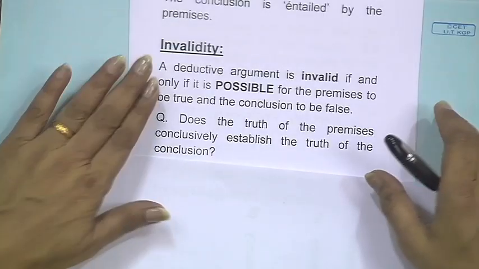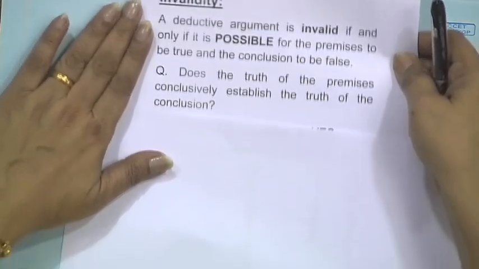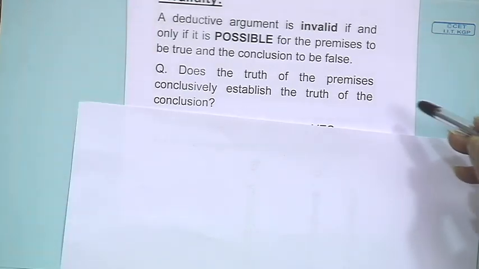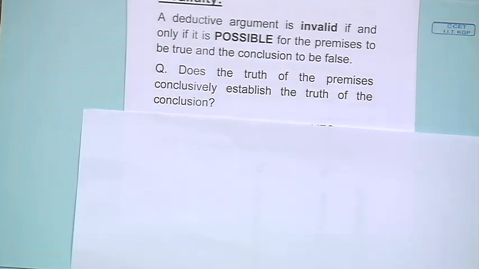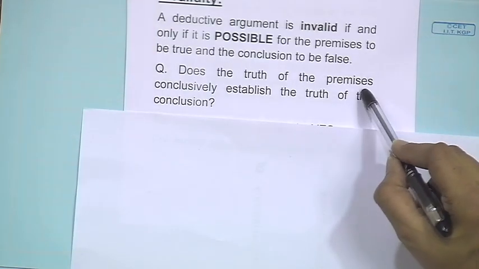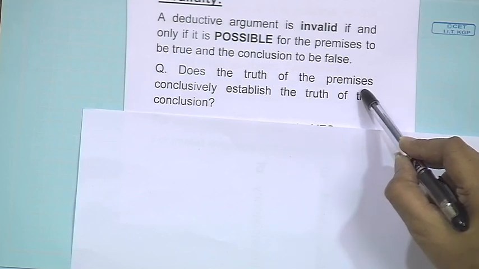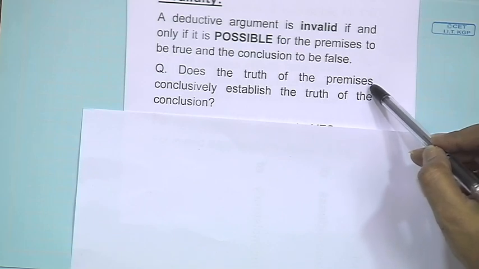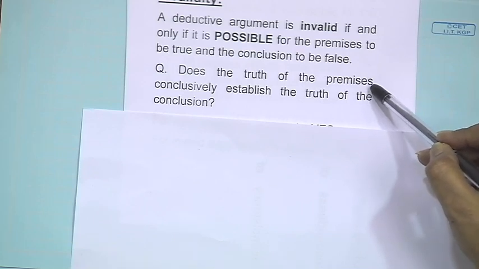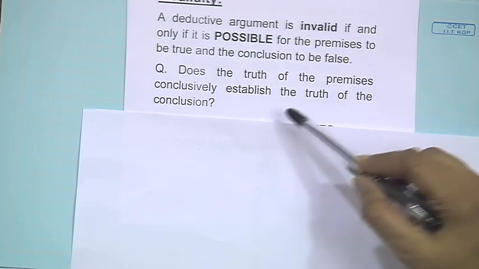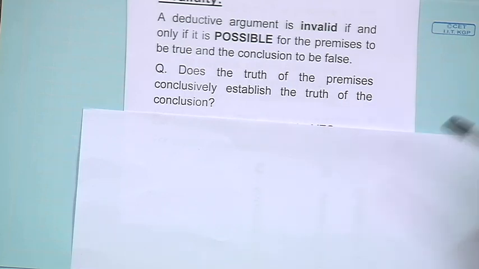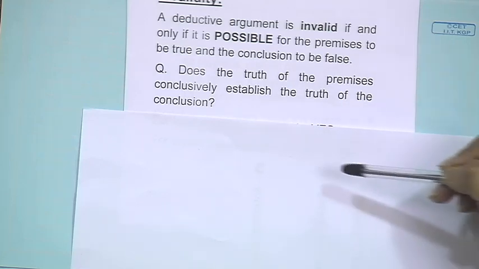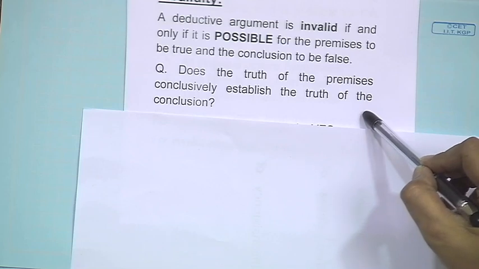If there is a question to settle in terms of validity and invalidity, what we are asking is: when we know, or when we assume, that the premises are true, does that conclusively establish the truth of the conclusion? So, there is no doubt that the conclusion has to be true.